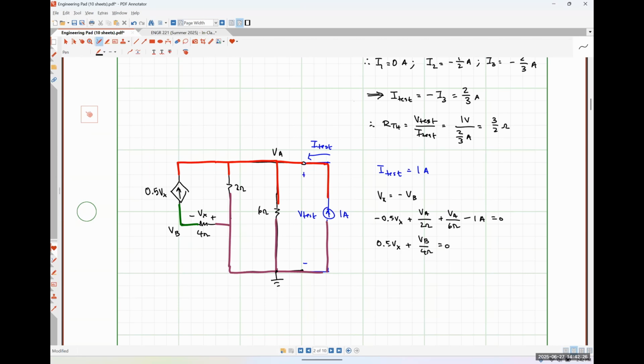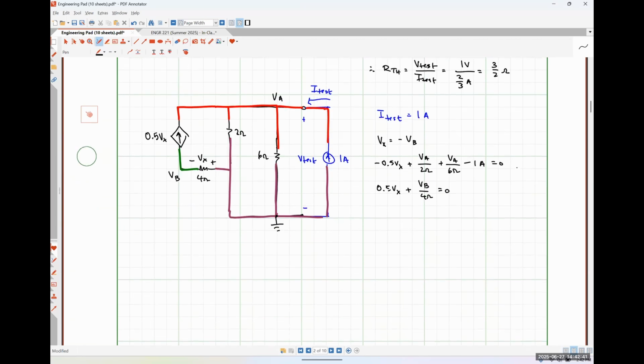And in my third equation, my coefficient for VA is 0, my coefficient for VB is 1/4, and my coefficient for Vx is 1/2. My constant term is 0. And solving that system, I get VA is 3/2 of a volt.